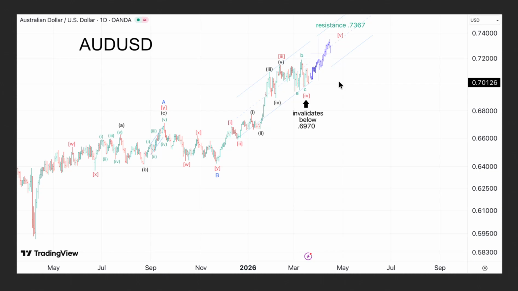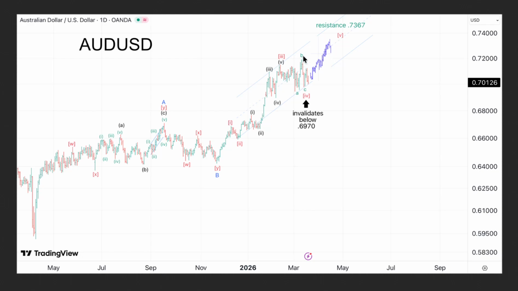So in this line, if you noticed in the previous slide, this wave 5 was stationed here. And this count, like I talked about before, it's kind of dicey on what this is right here. So in this count, this is a wave A. This is its immediate B. It's an unorthodox flat.